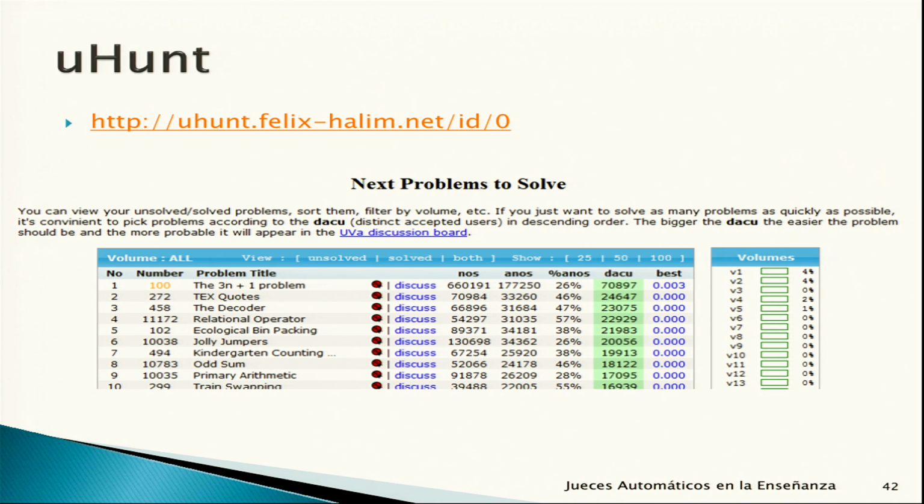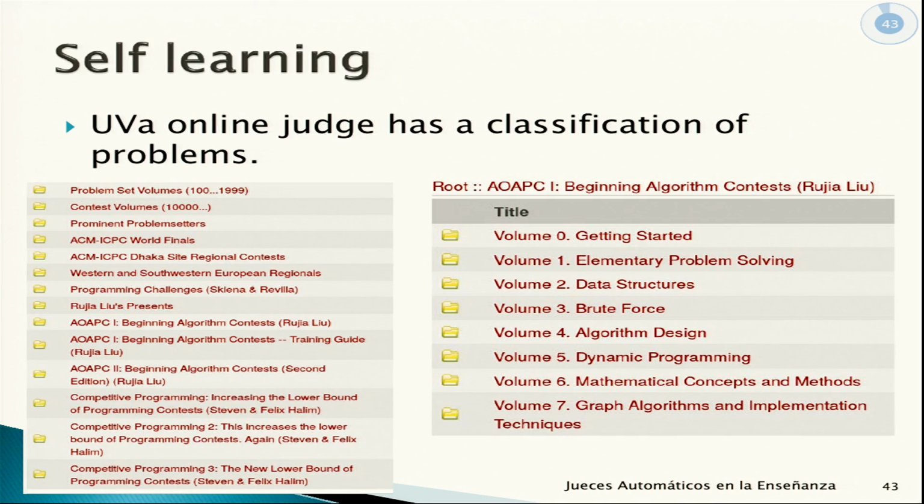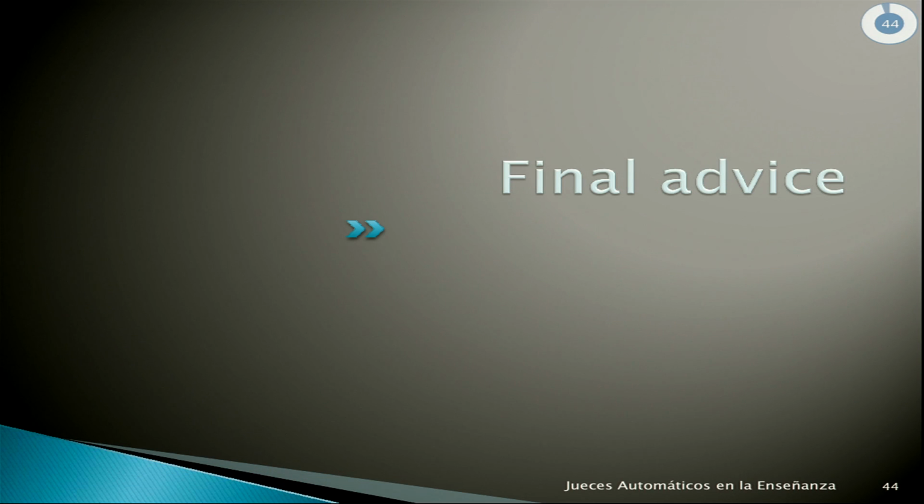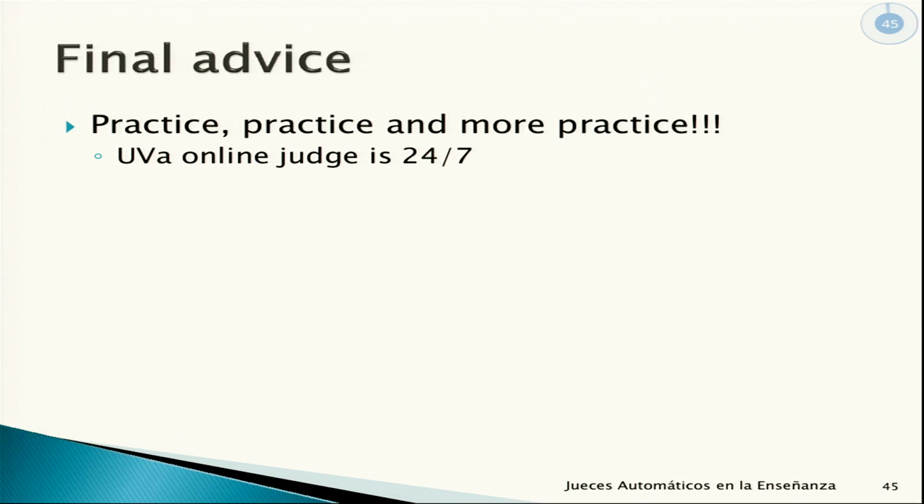I mean, the online judge, uDebug, and uHunt are tools that help when you are working alone. If you don't have a teacher near, they can help you learn programming or algorithms on your own. And the final advice, I think everybody knows: practice and more practice is the only thing you can do.